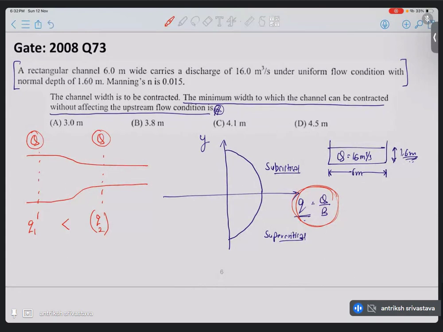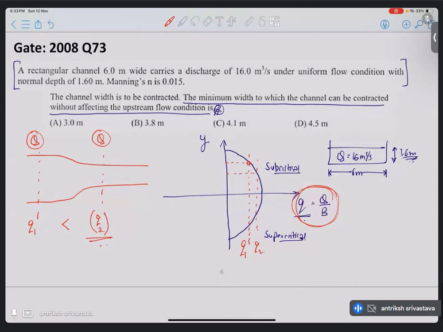You have one q1 here, and when you are providing some kind of constriction, you are increasing it to q2, right? This is q1, this is q2. When you do that, you are actually reducing the flow depth.